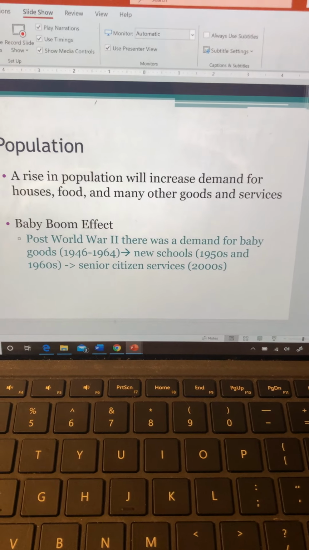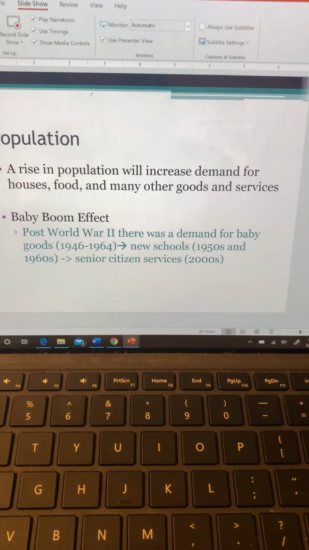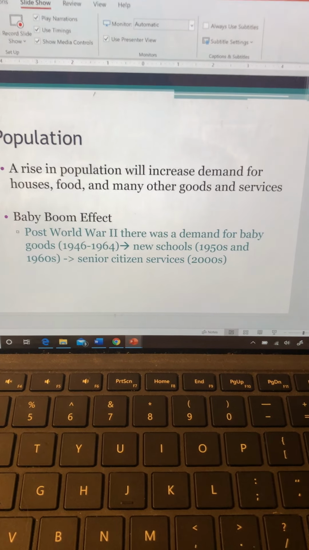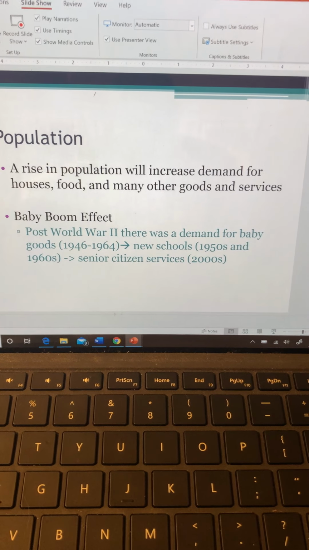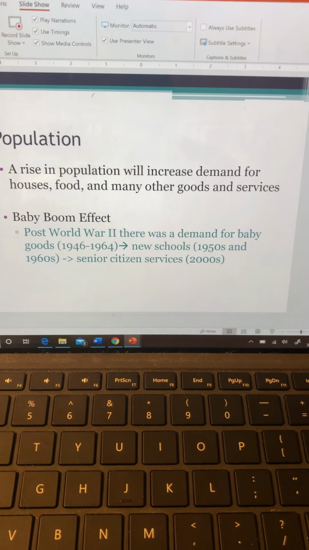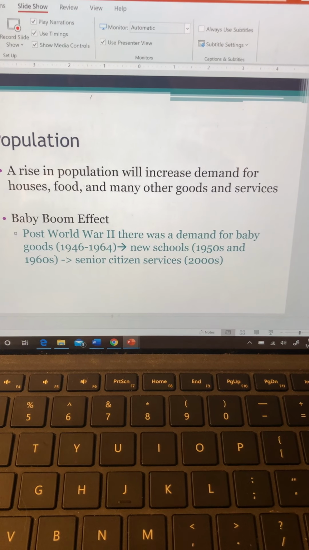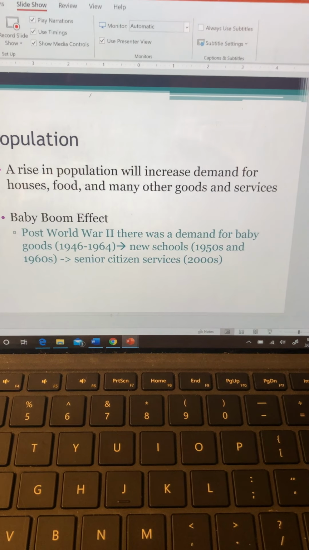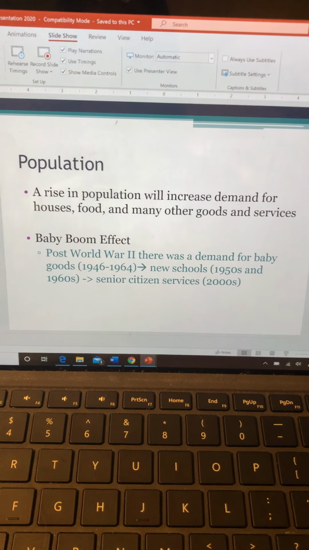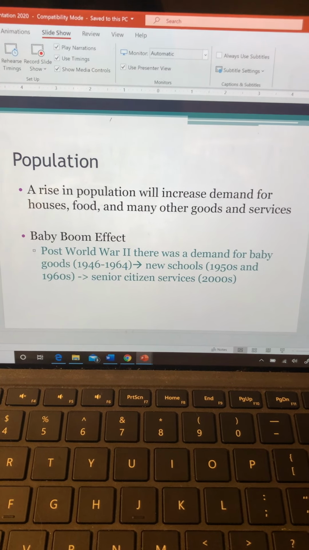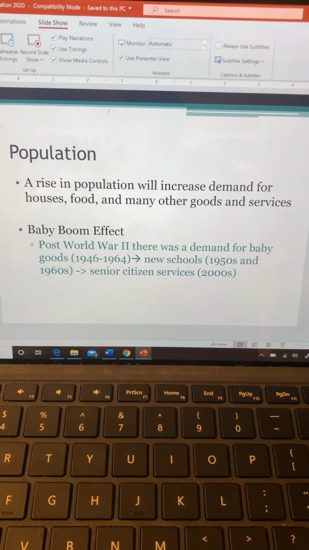And so, in the 1940s to 60s, they needed new schools to accommodate all the children that were school age. And then as time went on, there was eventually a need for senior citizen services as that boomer generation aged. So again, this change in demand has nothing to do with price, but rather population.